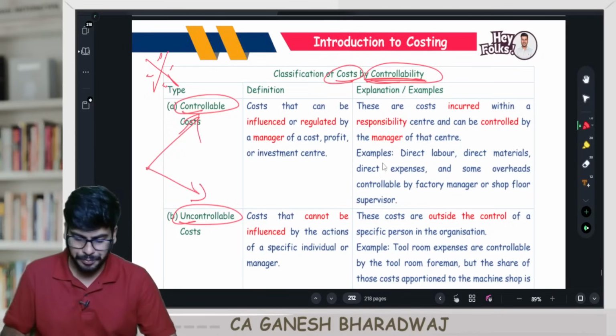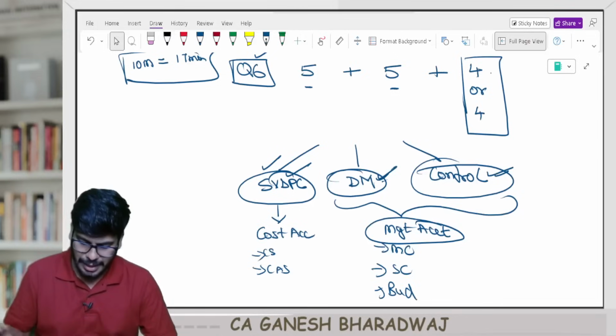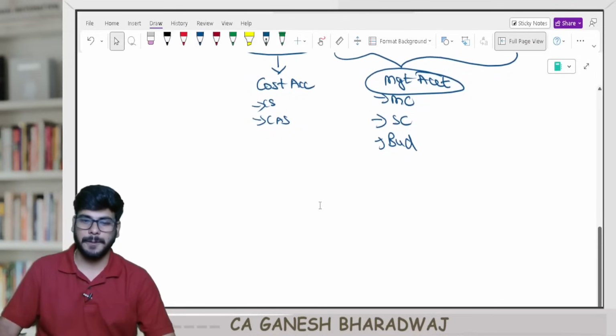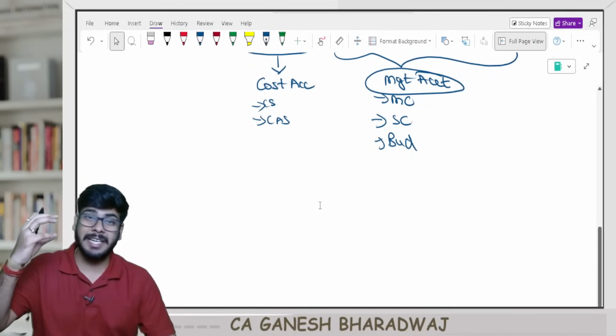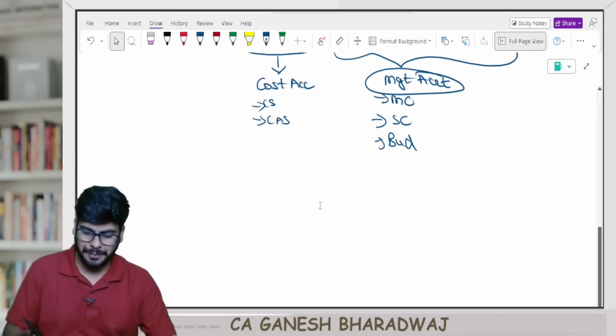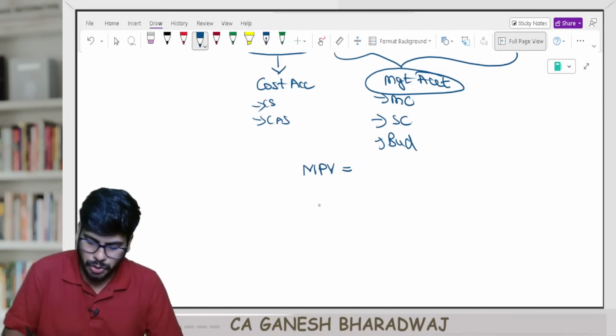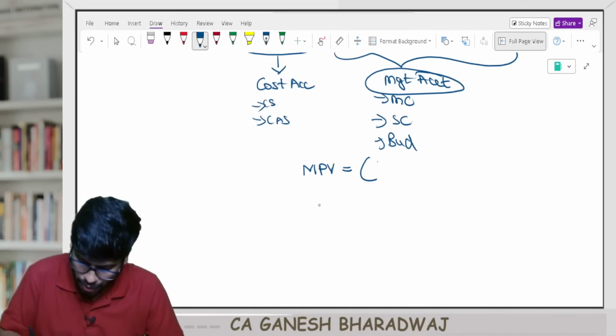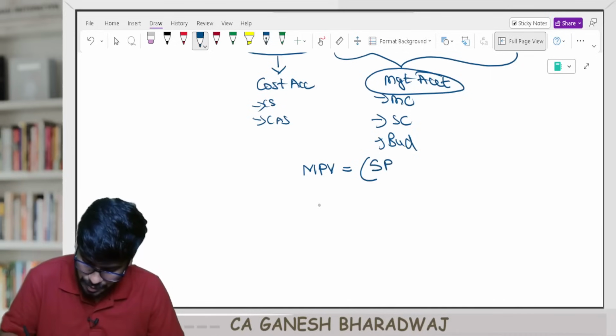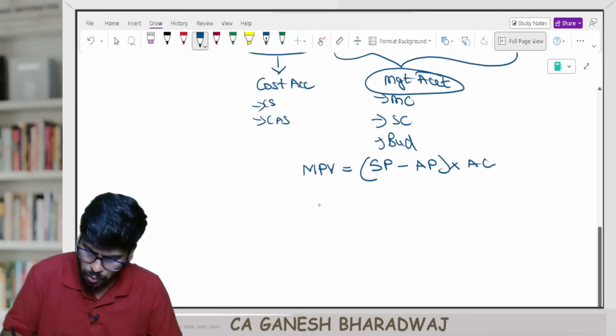I will tell you. Now, guys, recall there is a material price variance we would have done, right? So the formula is going to be standard price minus actual price into actual quantity.